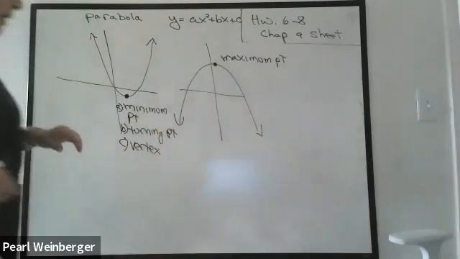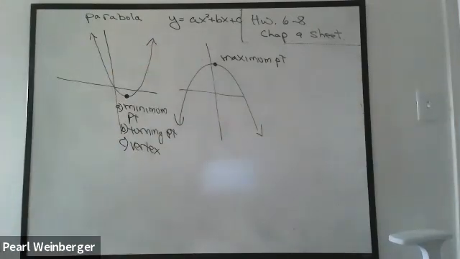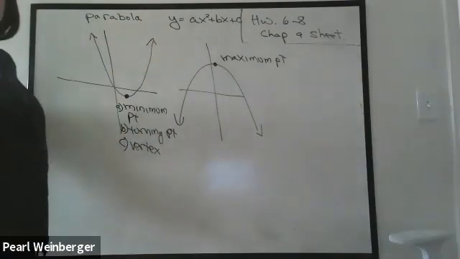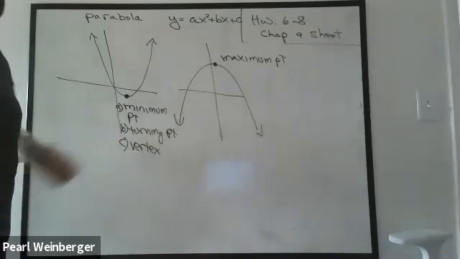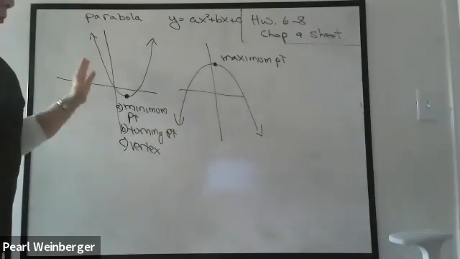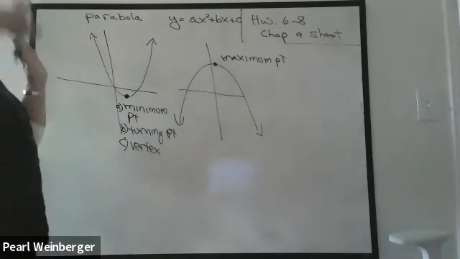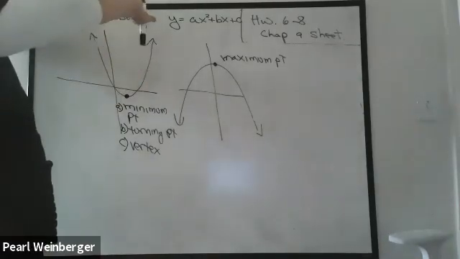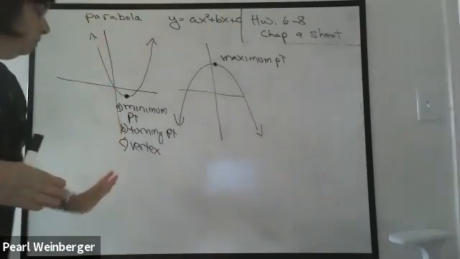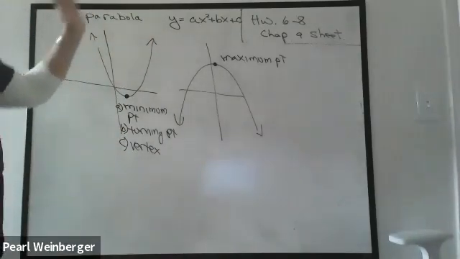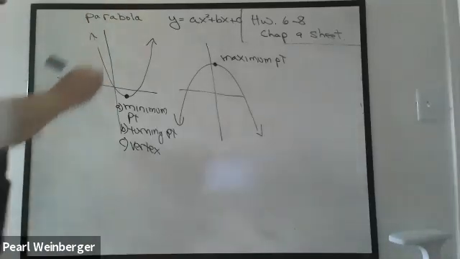The vertex, and it's the same for either one of these parabolas, is probably the most important point that you want to find on your parabola. It's the center of the parabola. One half of the parabola is the image of the other, the mirror image. If I would put a mirror straight down here, one half of the graph would fall right on top of the other.